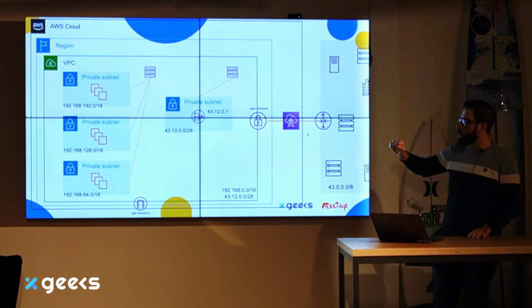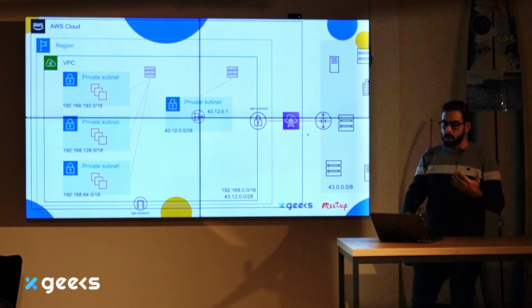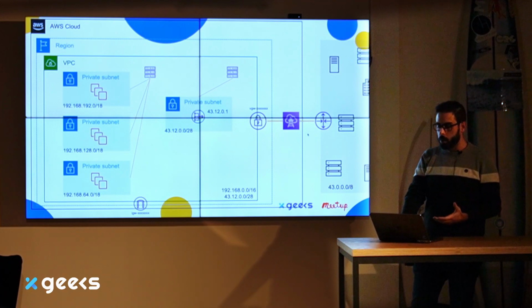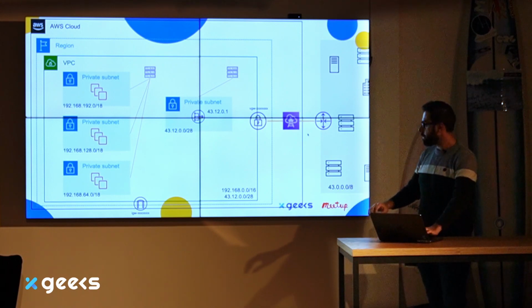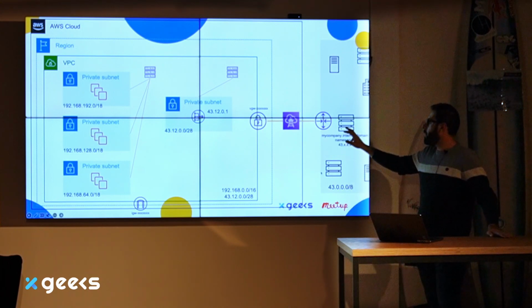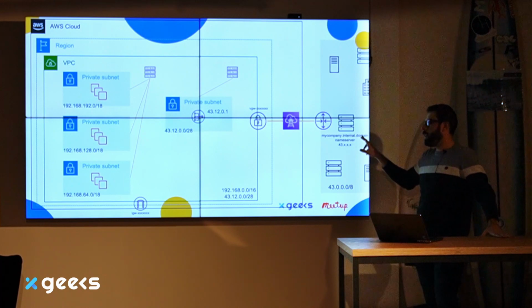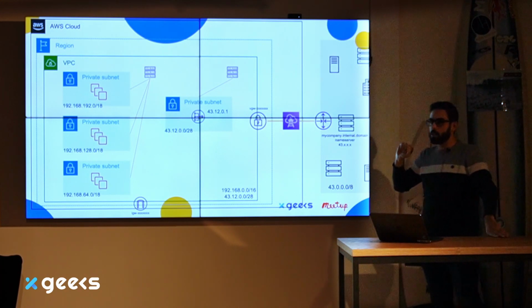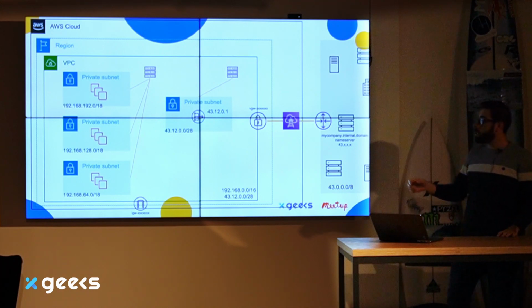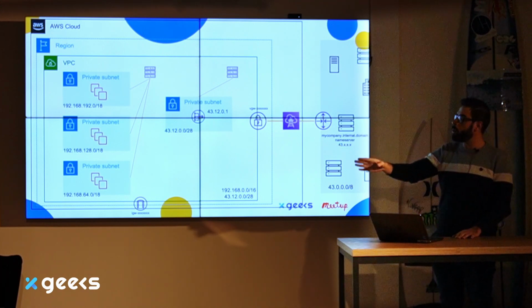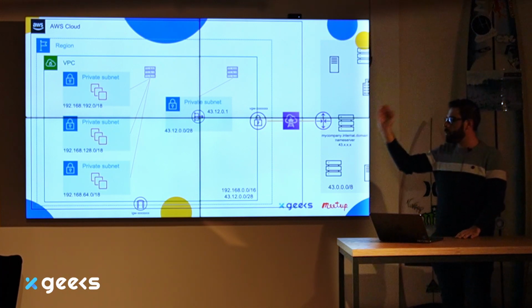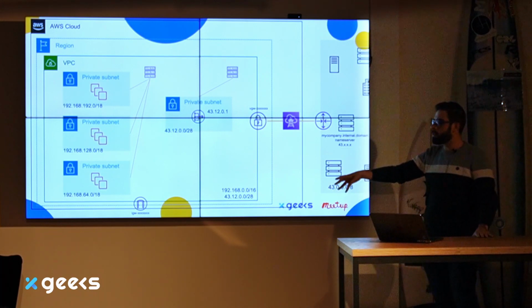But this isn't what we want, because only this server right here knows how to resolve this kind of domain. So it's an internal domain. So I have to forward my DNS requests not to the internet or the default name server, but to this specific name server.